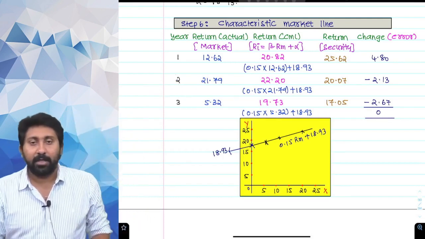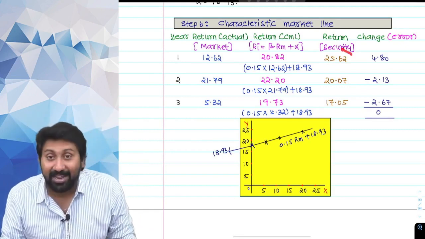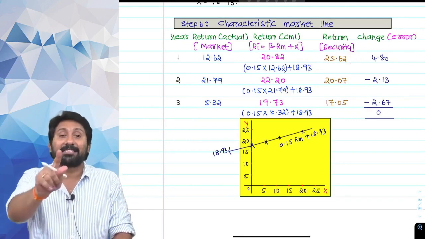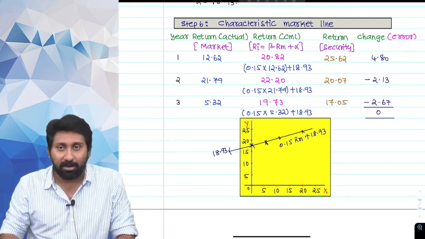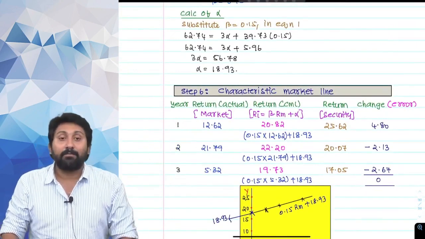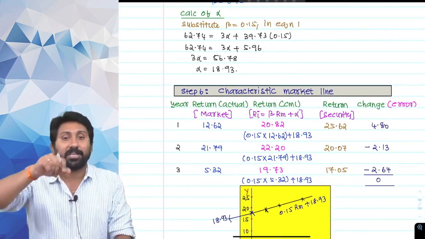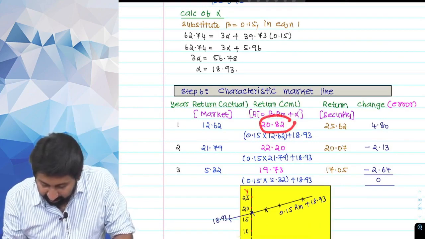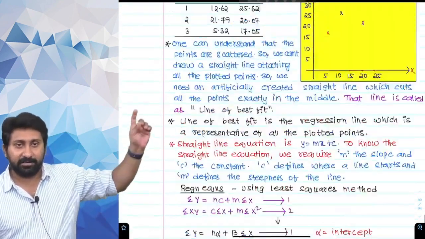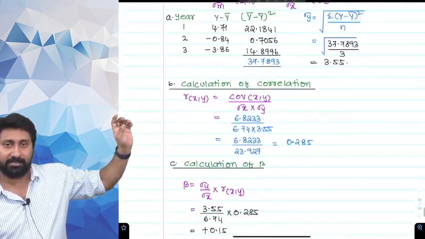Now, really it has given 25.62. Originally the security has given 25.62, but if you put it in the CML equation, the return calculated is 20.82. Sir, I didn't understand. See here, I will go back.